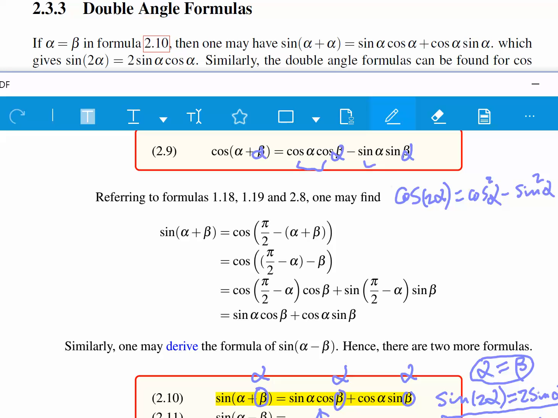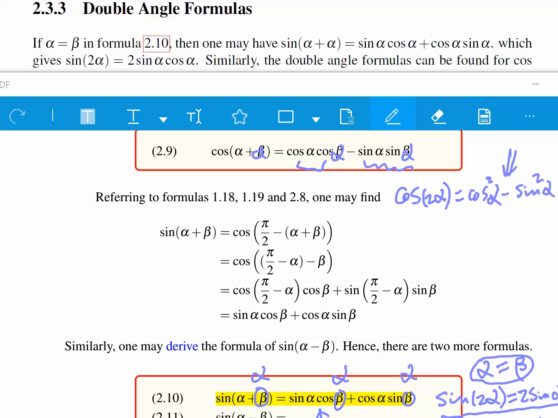Here is sine alpha times sine alpha. Remember here is subtraction, so cosine alpha squared goes first: cosine alpha squared minus sine alpha squared, which is cosine 2 alpha.